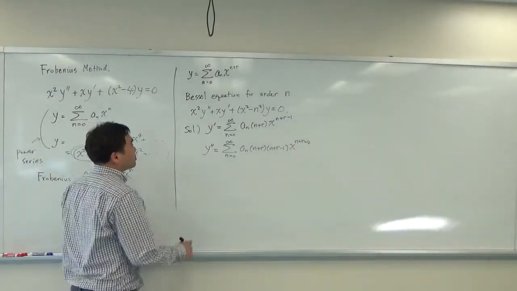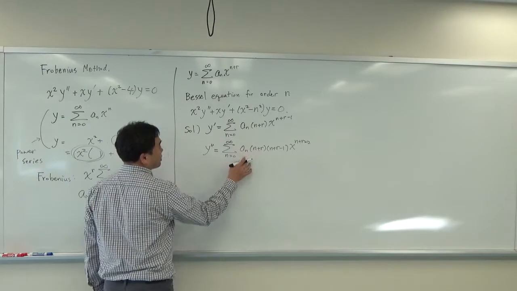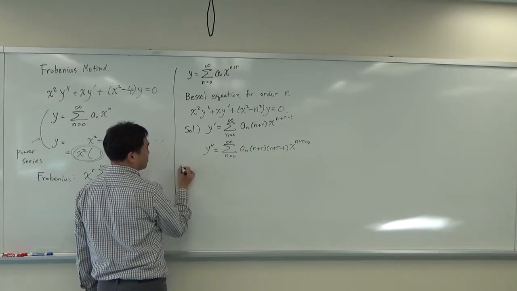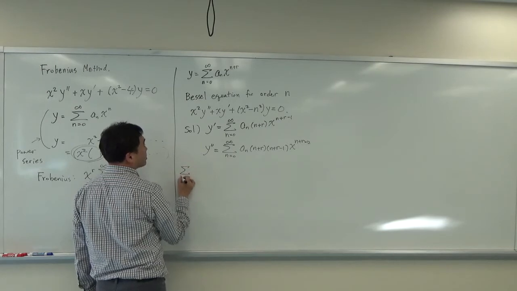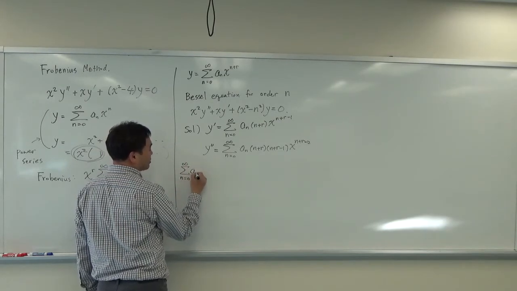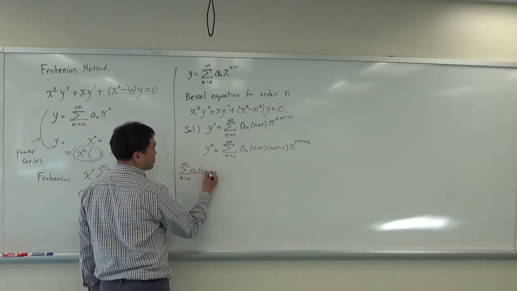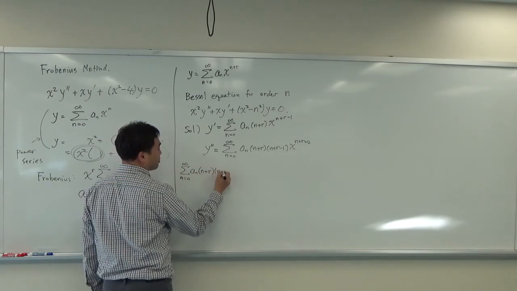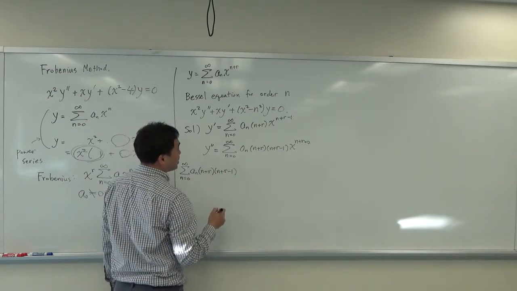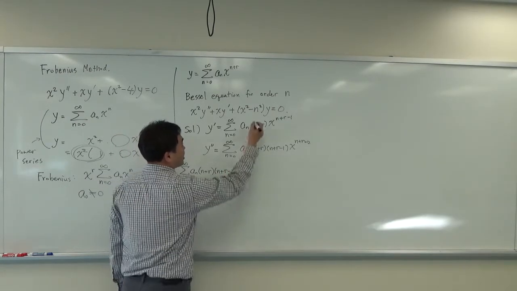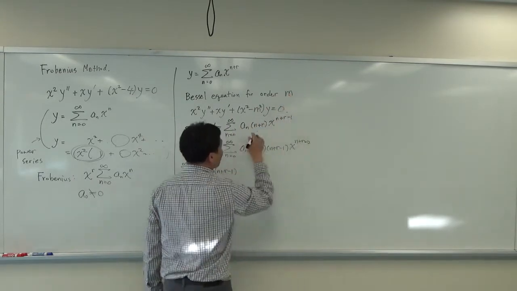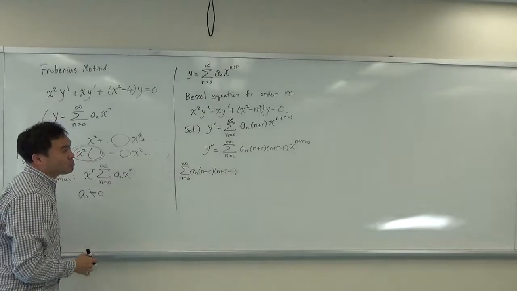Right? So when x squared is multiplied to this one, it's going to be the summation of n equals 0 to infinity of a_n (n plus r)(n plus r minus 1)... Oh, I need to back up a little bit. I'll put this as m, okay? Because I'm already using n for something else.